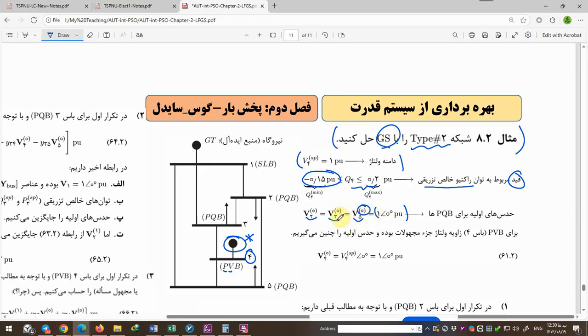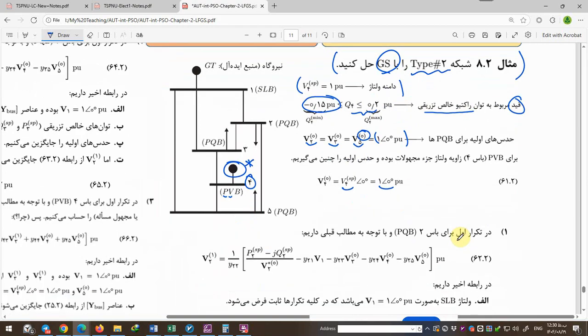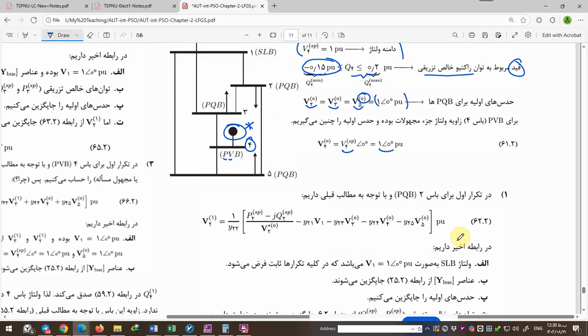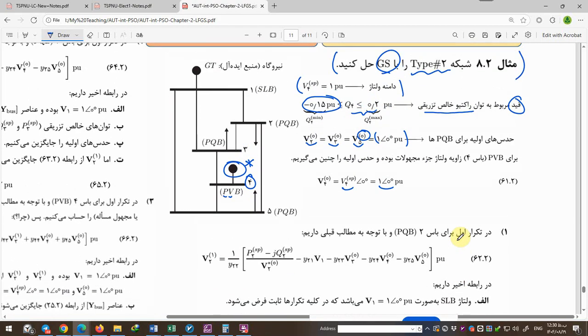The initial value and the fixed value of V4 is 1 with 0 angle as a PV bus. Okay, in iteration 1 for PQ buses, PQ buses means bus number 2, number 3, number 5.